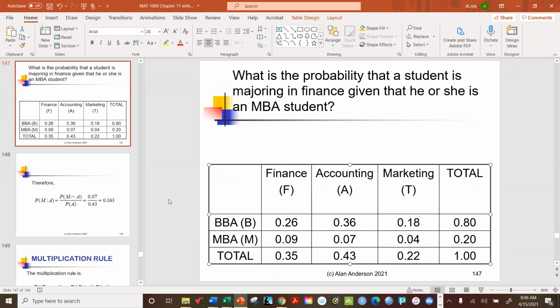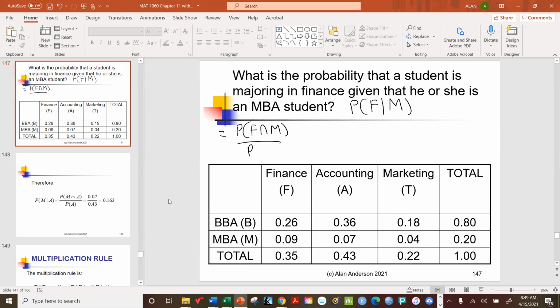So just keep in mind that this represents the probability of F given M. Because we know that they're getting their MBA, we want to know the probability that they're studying finance. So formally, that's going to be this ratio.